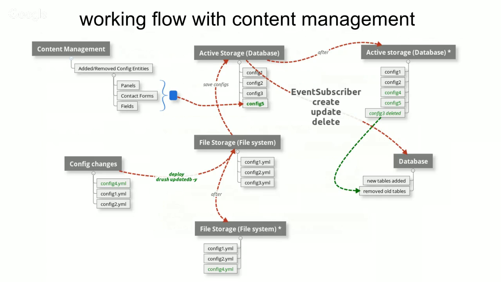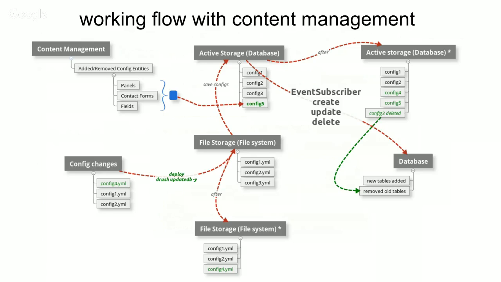And here is a big picture of how the workflow with content management works when you use the Config Importer module. So pretty much the same process: you update your config files within a file storage, create hook updates, and run drush updb.